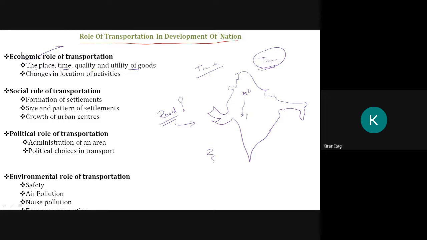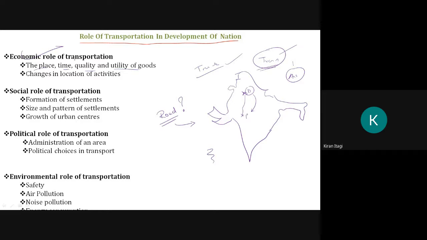Each mode of transportation has a different importance. With airways, it depends upon the payload, how much a flight can carry as a load, but the time taken by a plane from Delhi to Pune is very less compared to the train, the roadways, or a truck. So different modes of transportation contribute different importance to nations or the economic role.